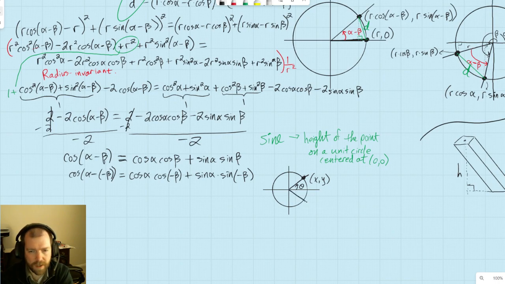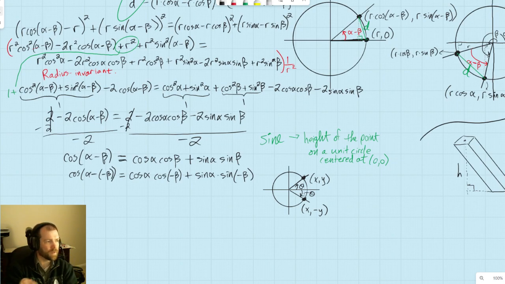Then negative theta is going to be going in the opposite direction, and the point that it occupies is in exactly the same x location, but its y location is opposite. And that's true no matter where you are in the circle.